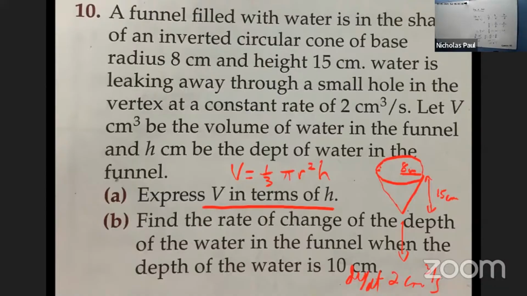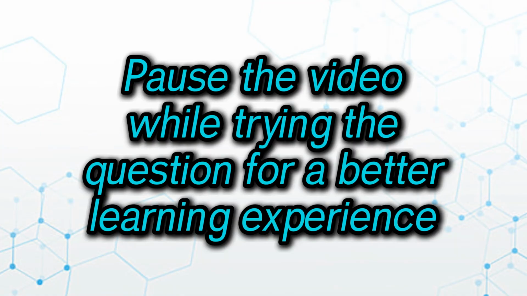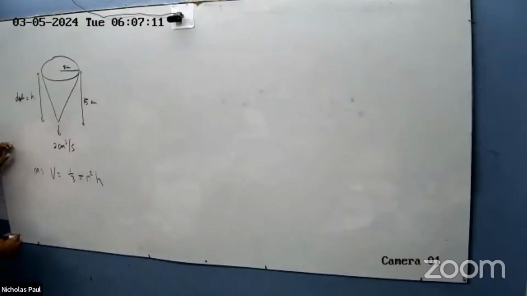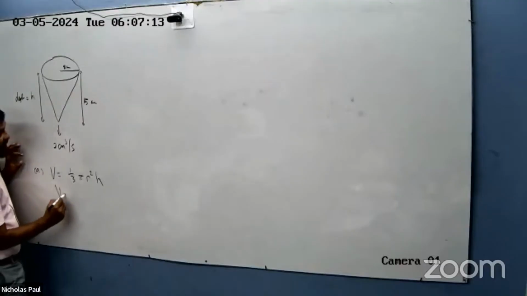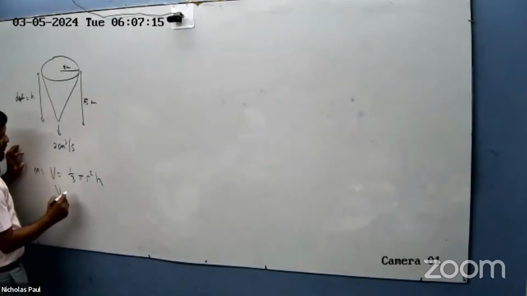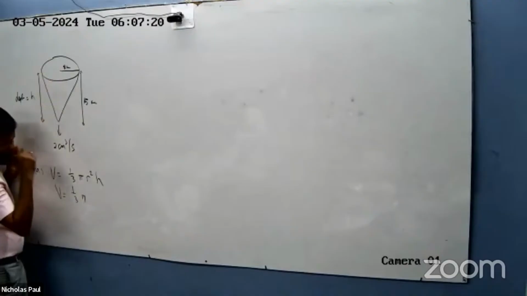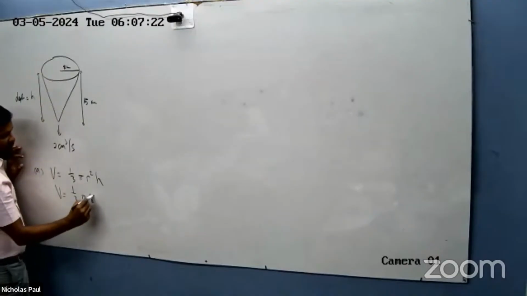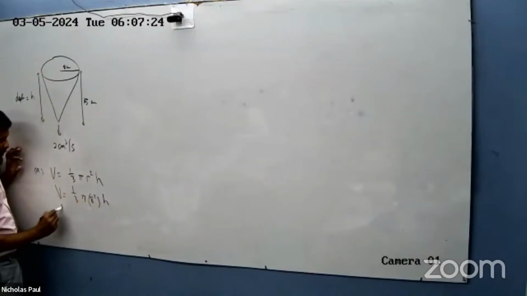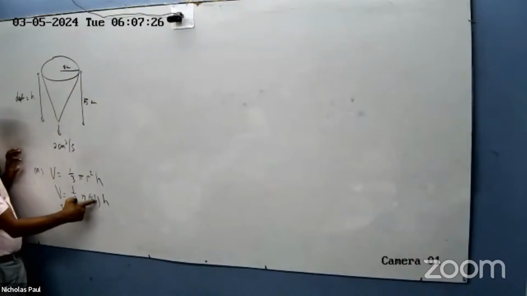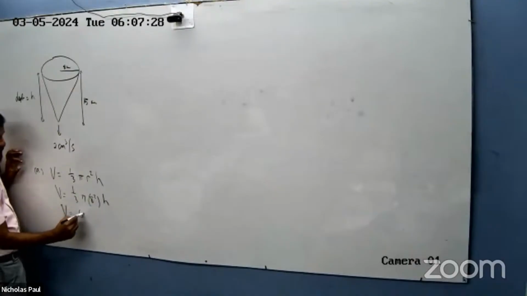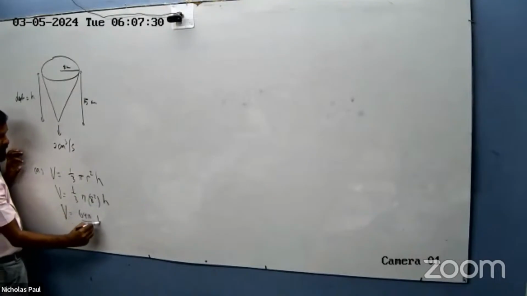You want the rate of change of depth. So V is equal to 1/3 pi, r is 8, right? 8 squared h. How much is 8 squared? That's 64 over 3. 64 over 3 h.